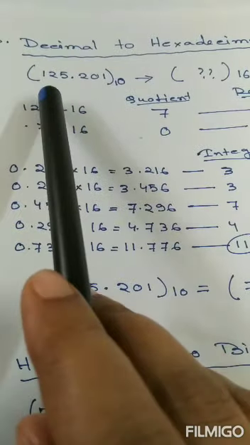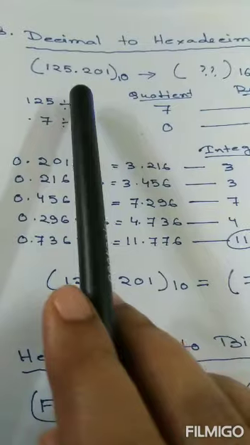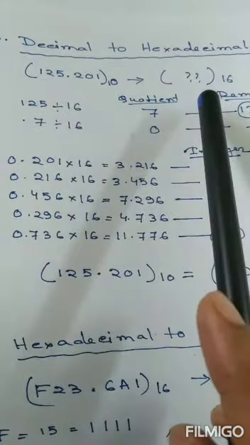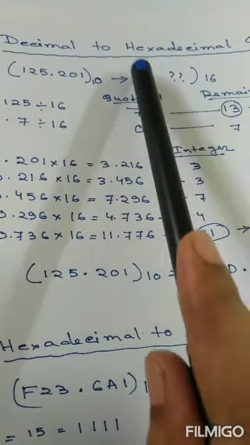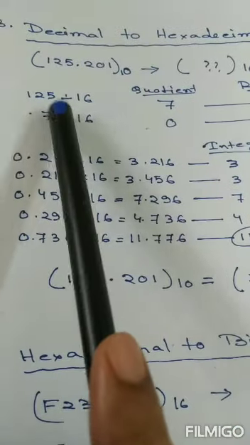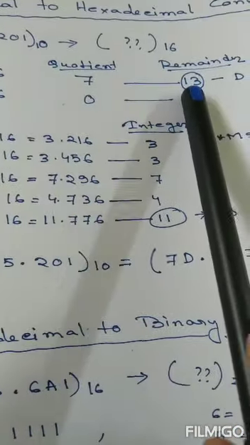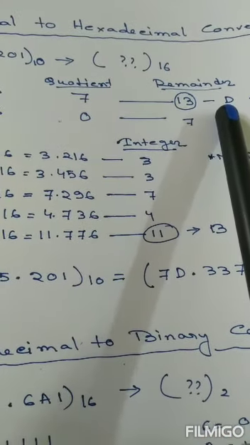This is a decimal number, 125.201. 10 is the base. So again divide the integer part by the base of the required number, that is 16 here, because the required system is hexadecimal. So 125 divided by 16, quotient is 7, remainder is 13. 13 means basically D for hexadecimal.